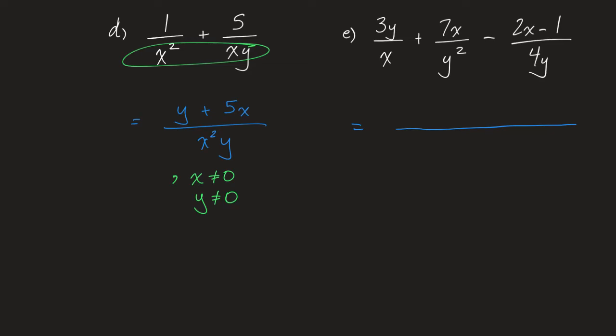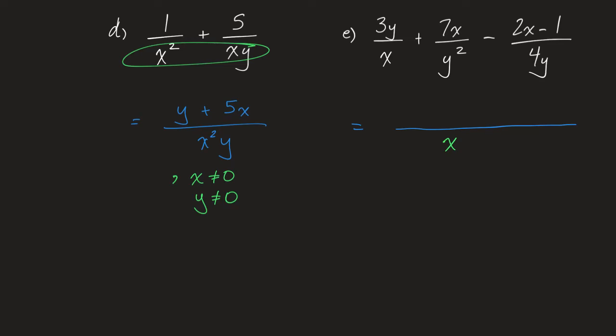We take a look at our denominators, and here's how I'm going to build my denominator. So I'm just going to do this one a little different. I'm going to say, okay, I need all parts of that first denominator. So I need to include an x in my common denominator. I now need all parts of the second. Well, I notice that x and y squared don't share anything.